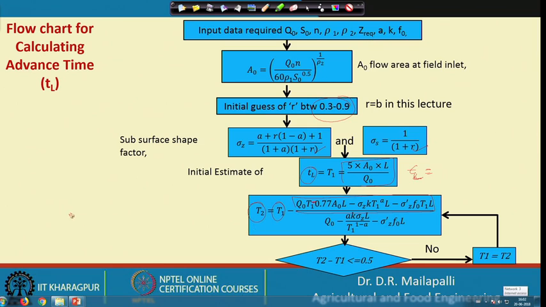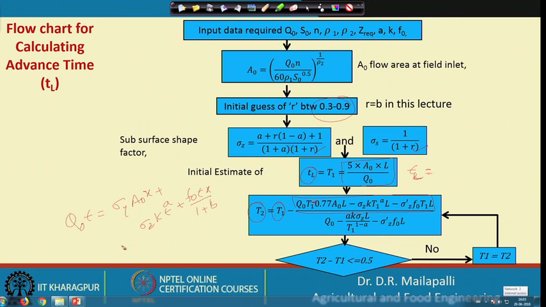Okay. So, the volume balance equation: Q naught into T is equal to sigma y A naught into x plus sigma z k T power A plus f naught into T into x by 1 plus b. Okay. Right.